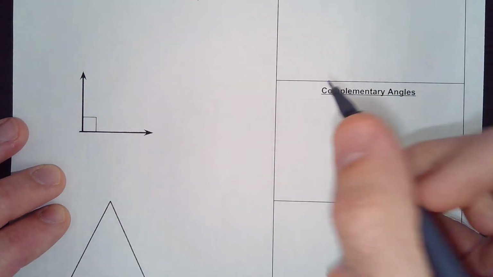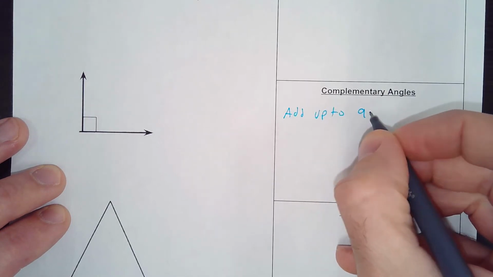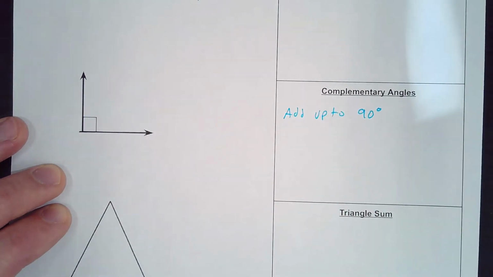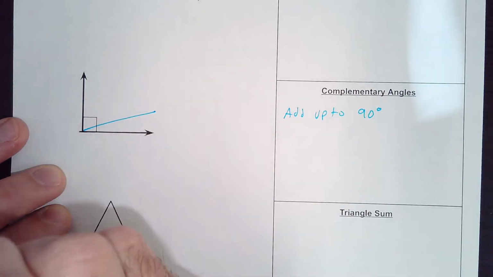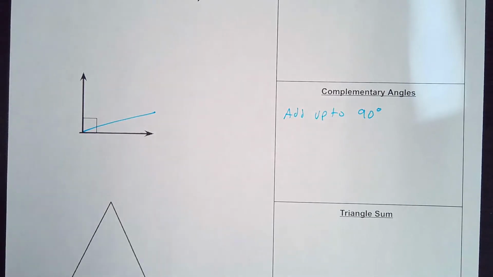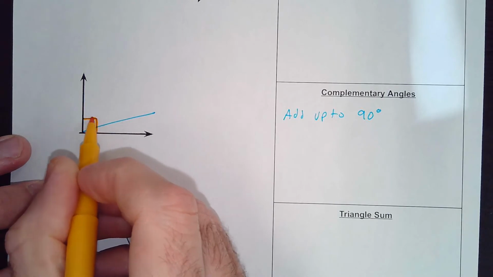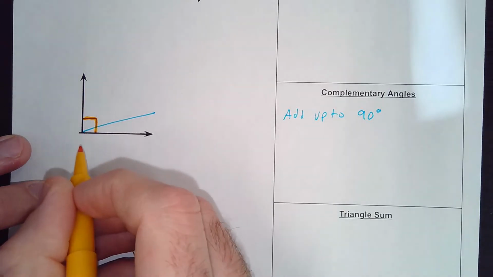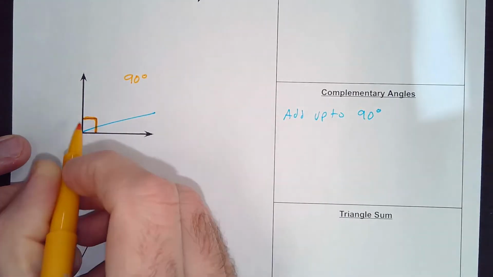Now let's look at complementary angles. Complementary angles add up to 90 degrees. So once again, if I were to split this, and the whole thing here is 90, that's what this means, 90 degrees. When we see this box in the corner, that means 90 degrees.